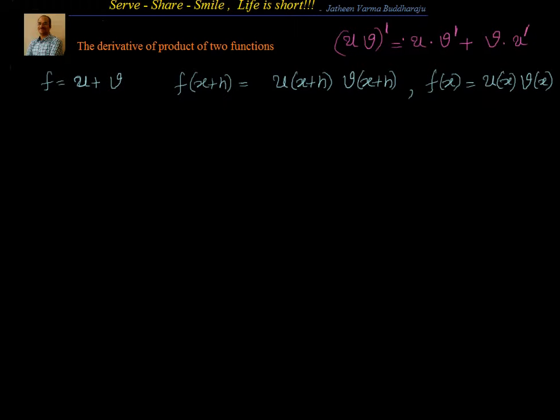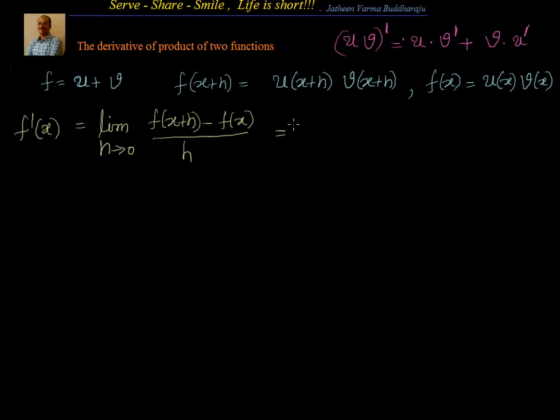So we know the definition of derivative: f dash x equal to limit h tends to 0 of f of x plus h minus f of x divided by h.